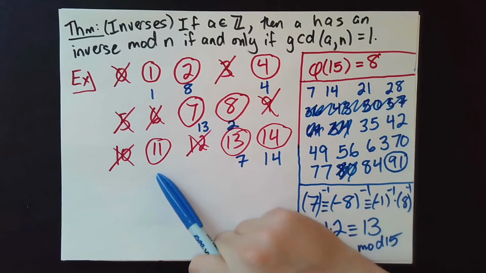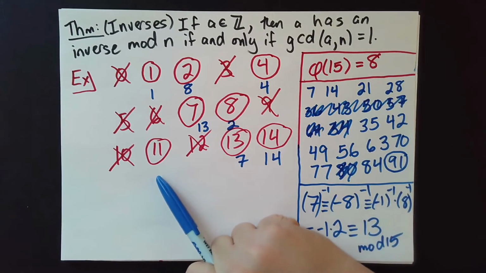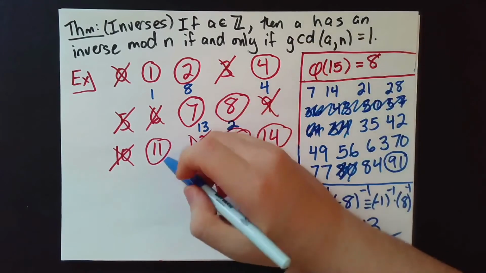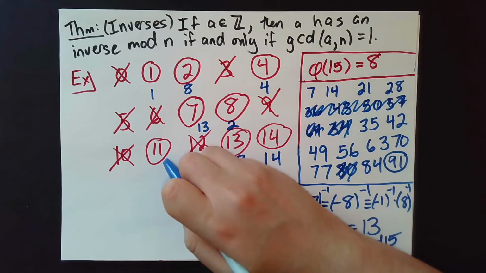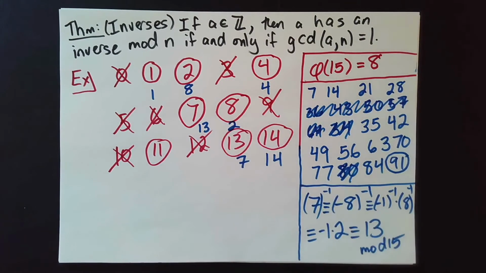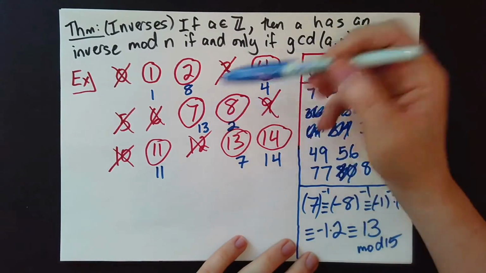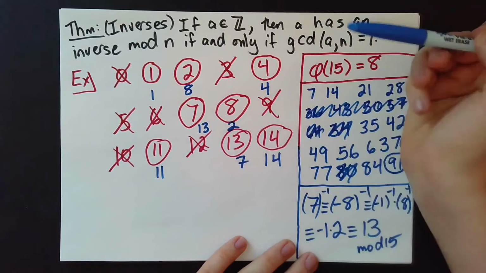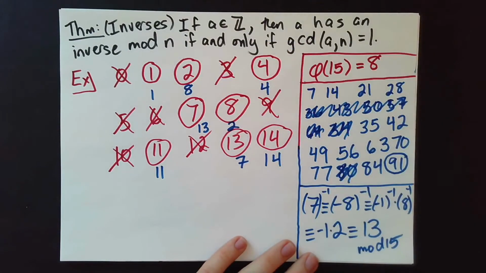And remember, being an inverse is mutual. So there's only one number whose inverse could possibly be 11, namely 11. If the inverse of 11 were anything else, the inverse of that something else would be 11, but none of these things had an inverse of 11.